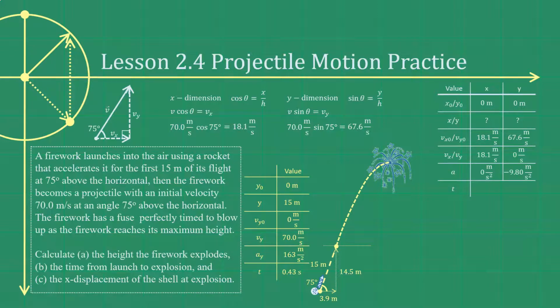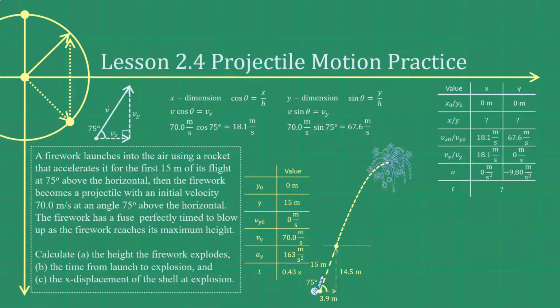And unlike in previous problems where we worked a time in one part and then plugged that time into the next part of the problem, in this problem I am not plugging in that 0.43 seconds from the first part in for my time here. The time for the projectile part of this problem is one of my unknowns.